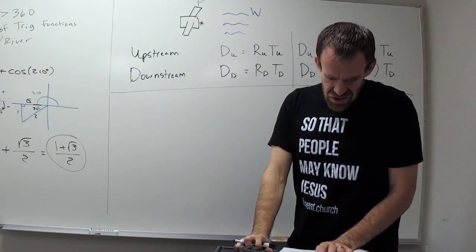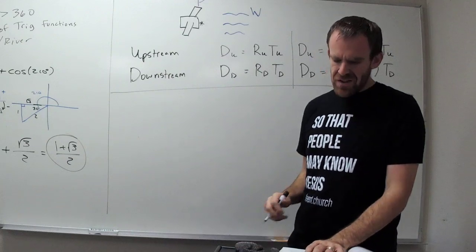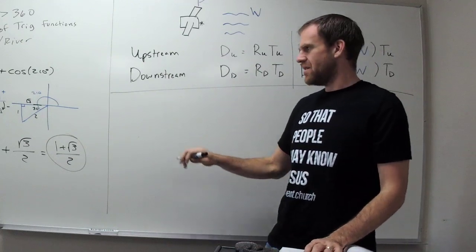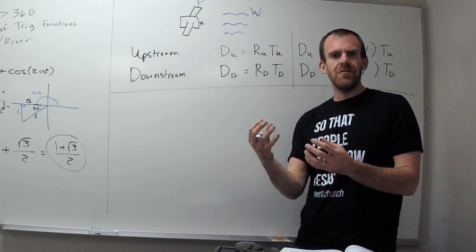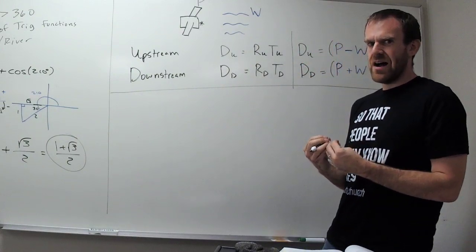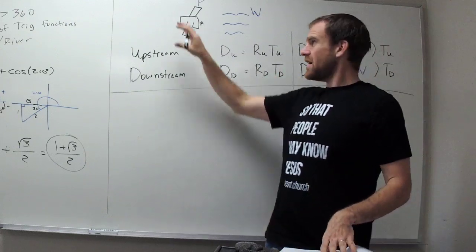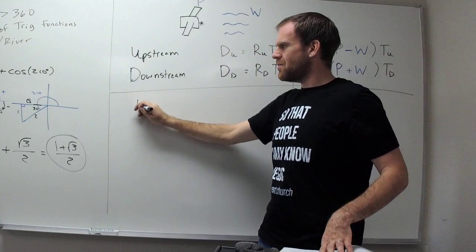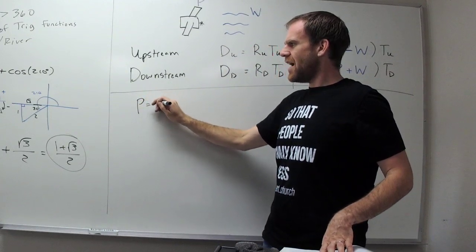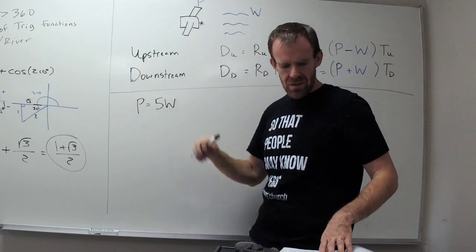One day, Shelby found that her plane could fly at 5 times the speed of the wind. So as I'm reading through these problems, I want to find the equations that I can pull out of it. So if Shelby's plane is 5 times the speed of the wind, I can write the equation plane equals 5W.